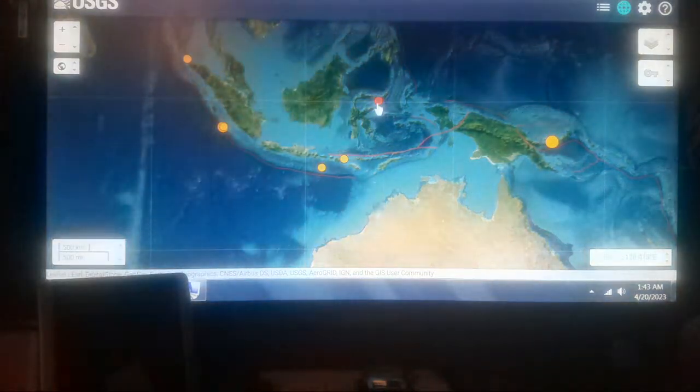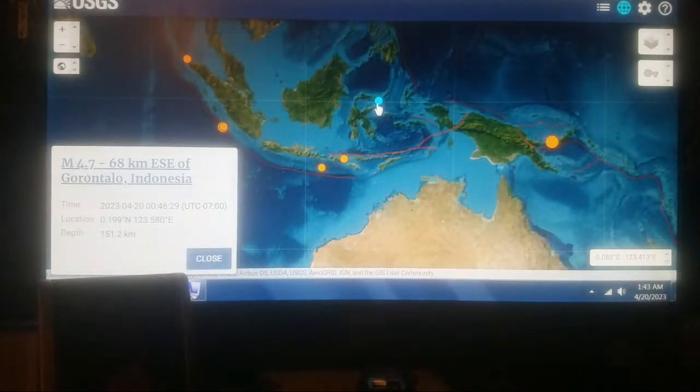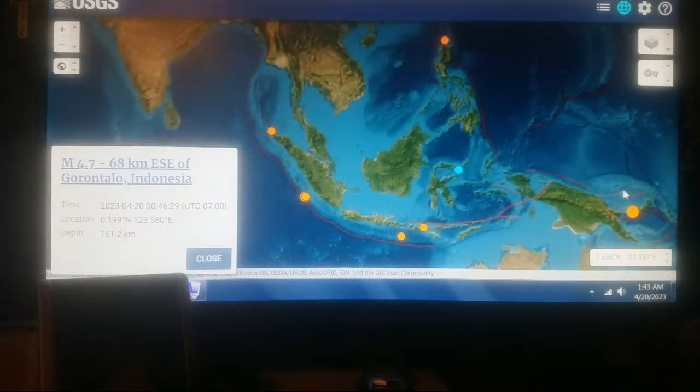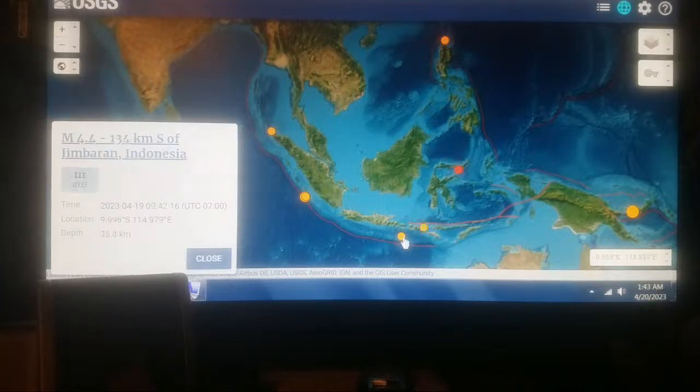This new quake right here will be a 4.7 Indonesia at a depth of 151. See all these islands out here kind of getting active around this region right here. Pressure comes in down the line here, and it just likes to spill into this region. Here's a 4.2. Here's a 4.4.